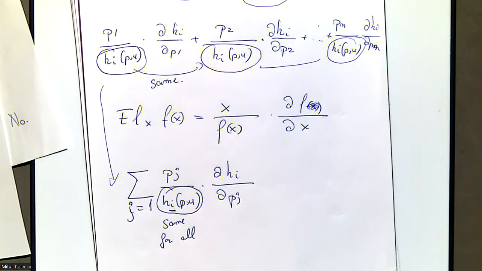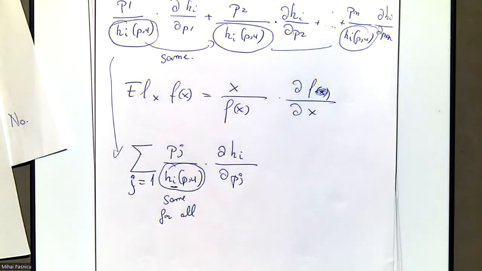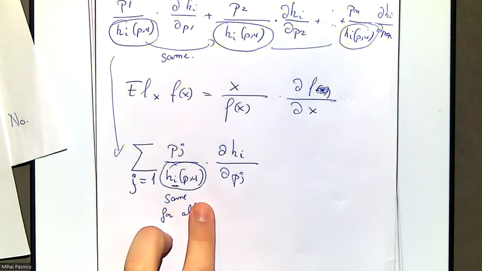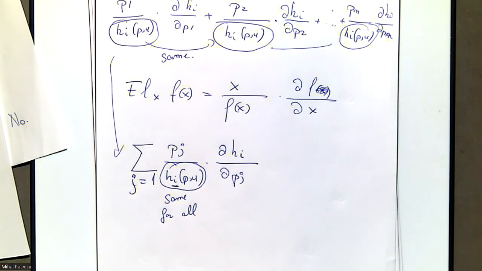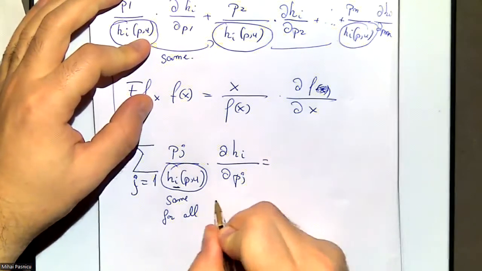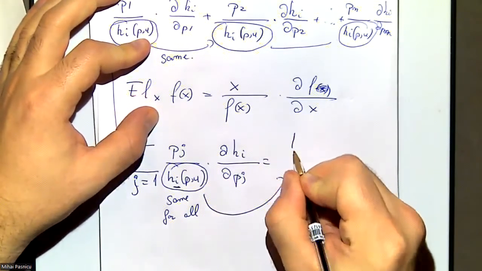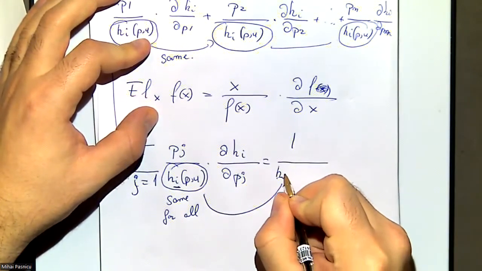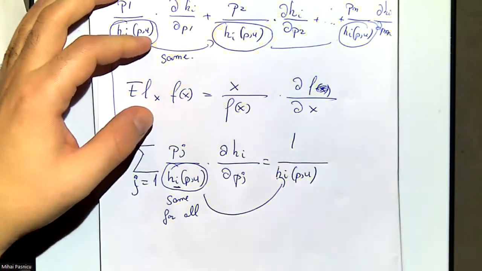Everyone understood what I'm doing with the sum, how I wrote it, procedure-wise, mostly? Okay, now the trick with sums, why it's so nice to write it like this, is that if you have something that is the same for all and does not depend on this j, you can just pull it out of the sum. So I'm going to take this out: 1 over h_i.